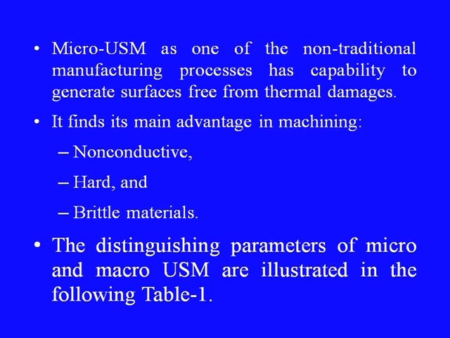Micro USM, that is nothing but ultrasonic machining at micro level, has basically evolved from macro USM, what we usually know as USM or normal USM, which has already been discussed in detail in the last 2 sessions. Micro USM as one of the non-traditional manufacturing processes has the capability to generate surfaces free from thermal damages.